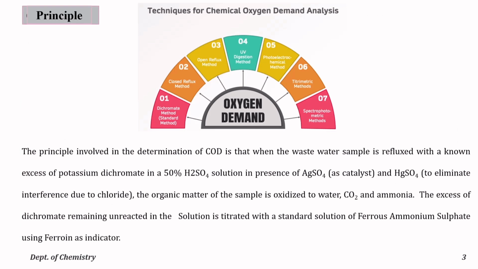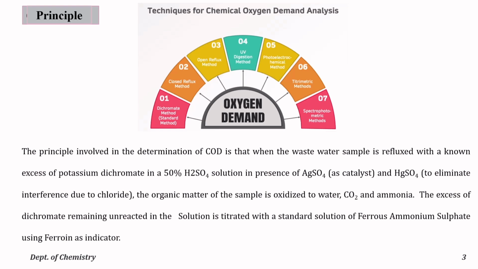So talking about the principle, this principle involves determination of COD when the wastewater sample is treated with a known and excess amount of potassium dichromate in 50% H2SO4.